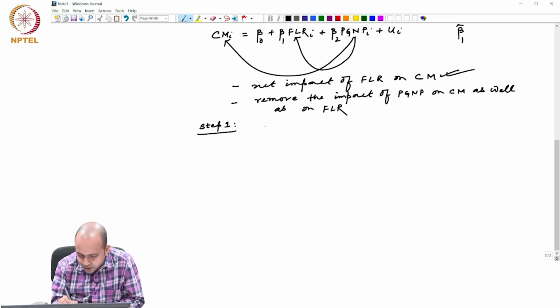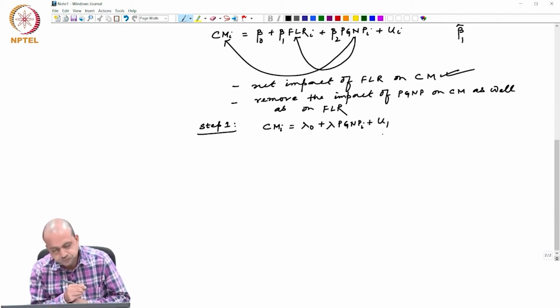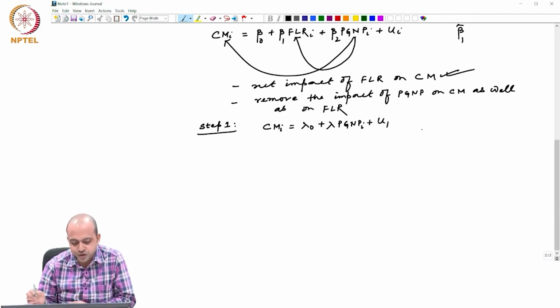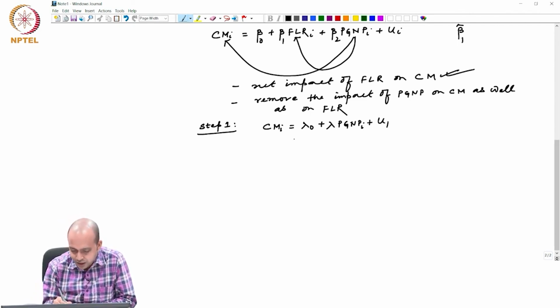We will regress CM on PGNP and run this type of regression. Let us say CM equals lambda 0 plus lambda 1 PGNP plus, let us say, u1. We will run this regression and get u1 hat.